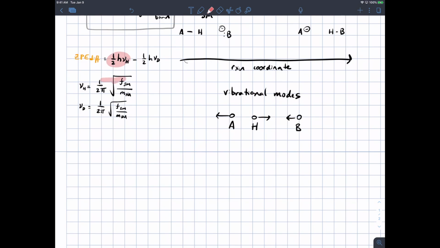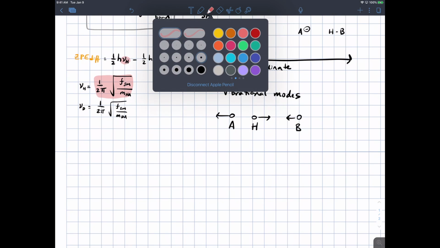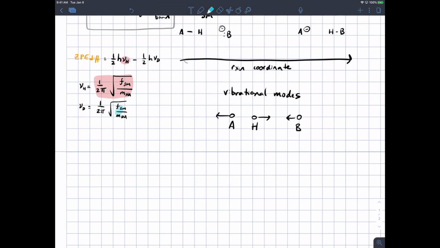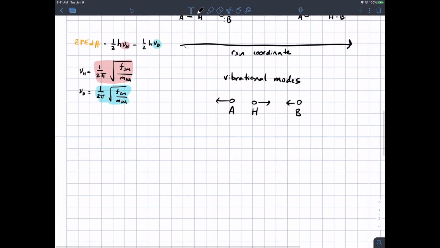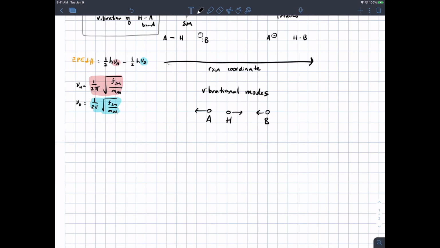And if you want to substitute what I've written here for the vibration of the proton, and then what I've written here for the vibration of the deuteron, you will get the following equation for your difference in zero-point energy, ZPE.